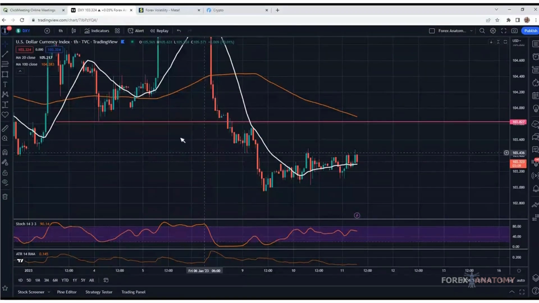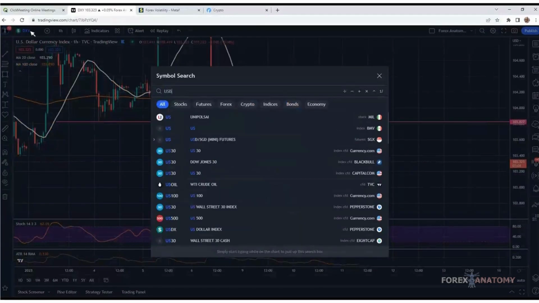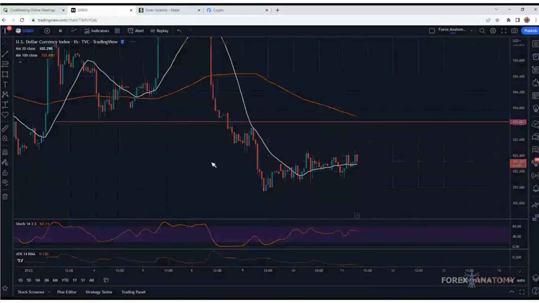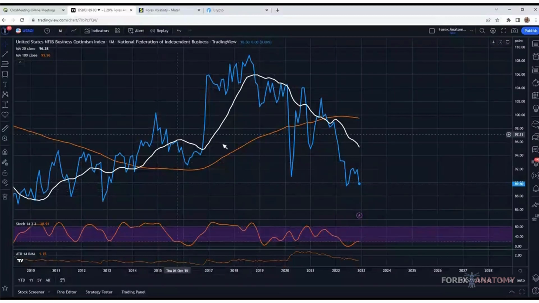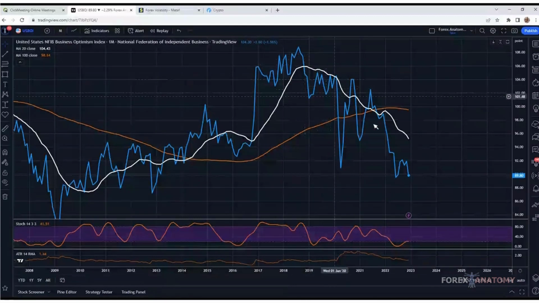Let me just bring this up real quick. I think this is it, USBOI, the United States NFI Business Sentiment Index. This is just an index that shows you business optimism. As you can see, it's been on a decline.